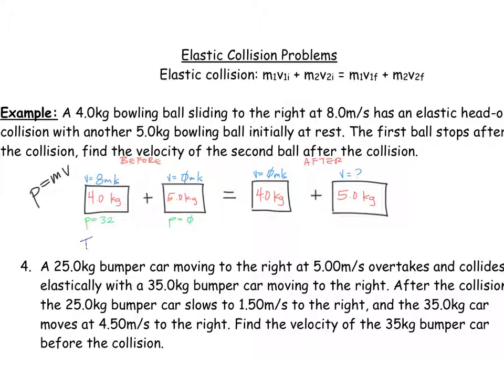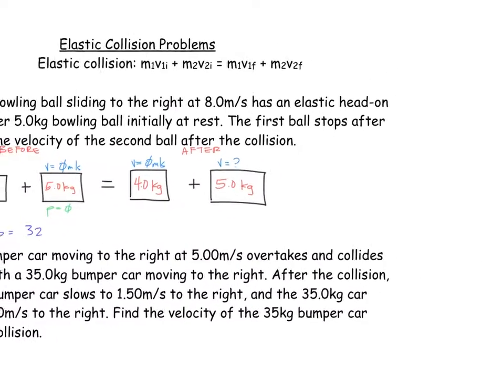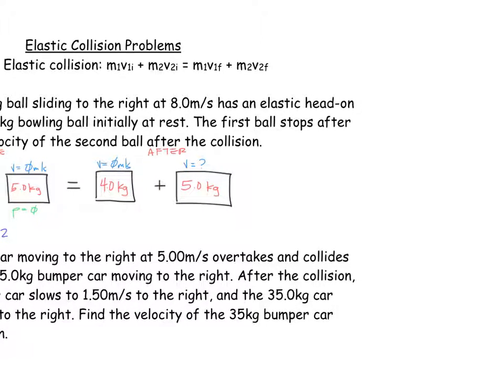So right here at the bottom, I'll write total momentum, or total P, equals 32. Now, because momentum is conserved, whatever momentum I have before the collision, I'm going to have the same total momentum after the collision. So the total momentum after is also 32.